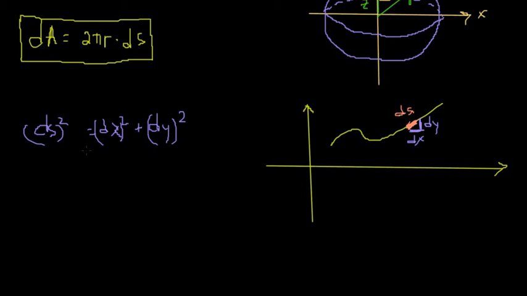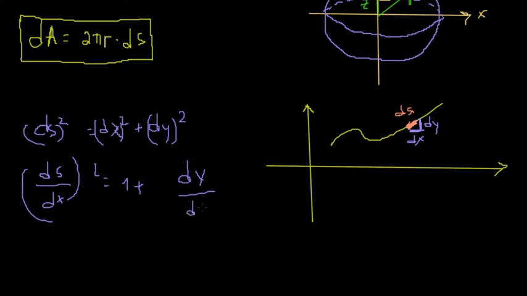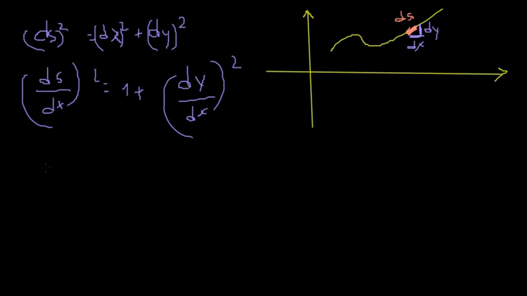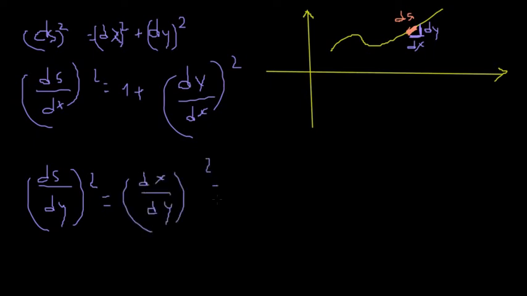By dividing both sides of this equation by dx squared, we can say that (ds over dx) squared is equal to 1 plus (dy over dx) squared, or we can divide by dy squared, and in this case (ds over dy) squared is equal to (dx divided by dy) squared plus 1.